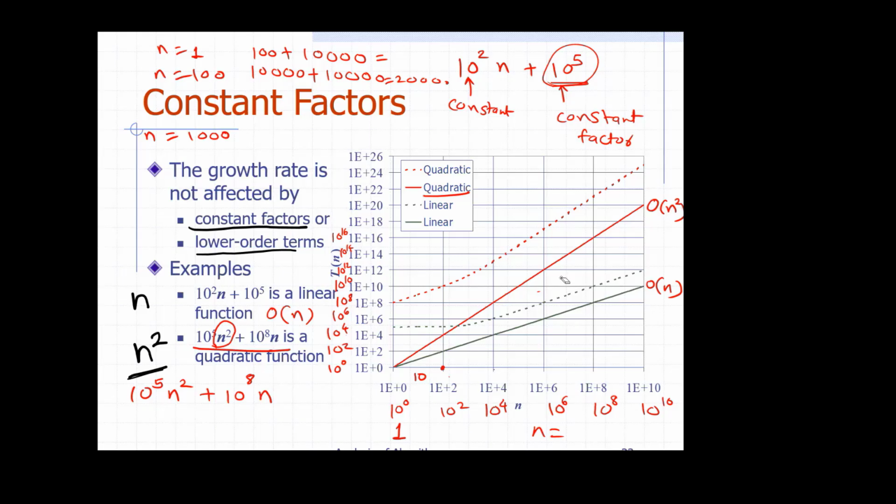For 10 raised to 4, why is the output 10 raised to 8? It should be 10 raised to 16 if it's squaring 4. No, it is n square, right? The exponents just double.